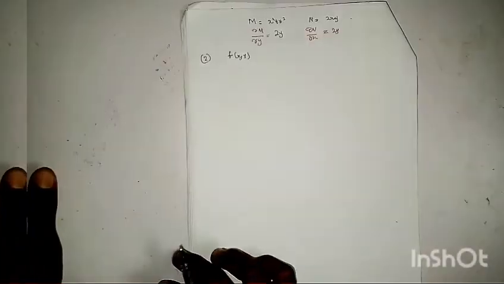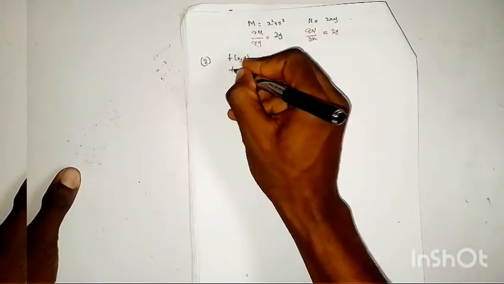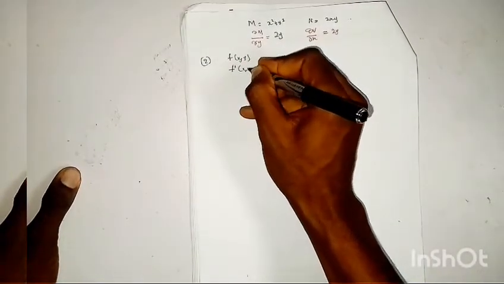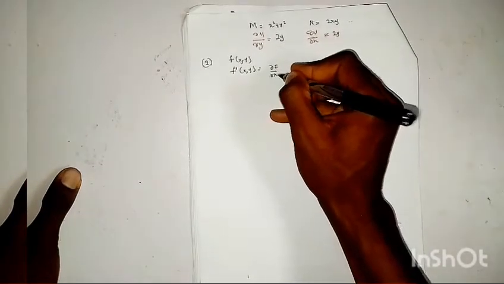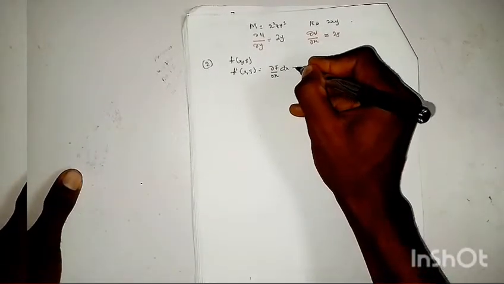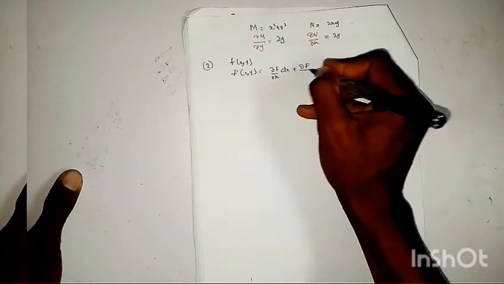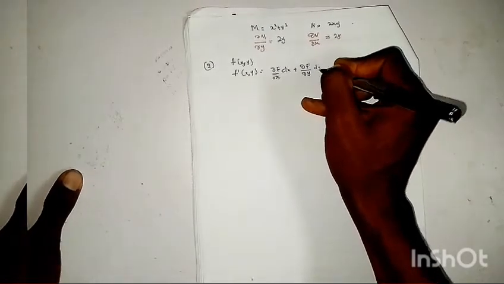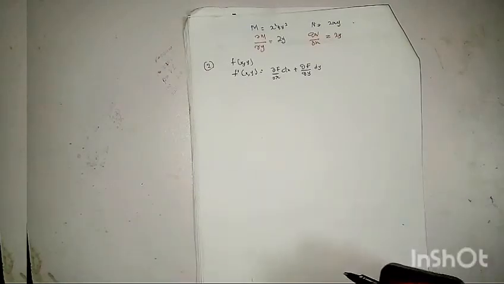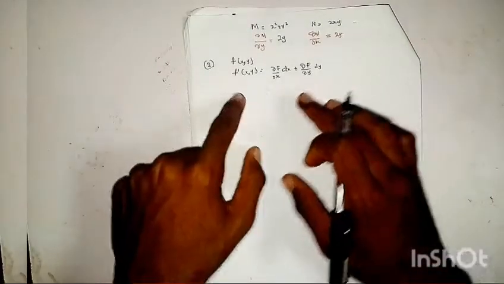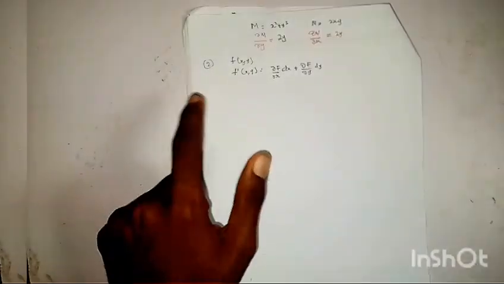If I differentiate this implicit function, I have df equal to the derivative of f with respect to x, dx, plus the derivative of f with respect to y, dy. We can remember our partial differentiation. This is the particular implicit function I'm trying to get.